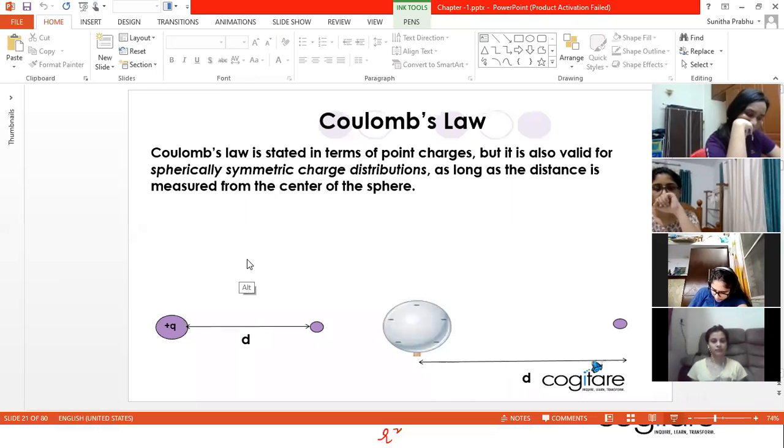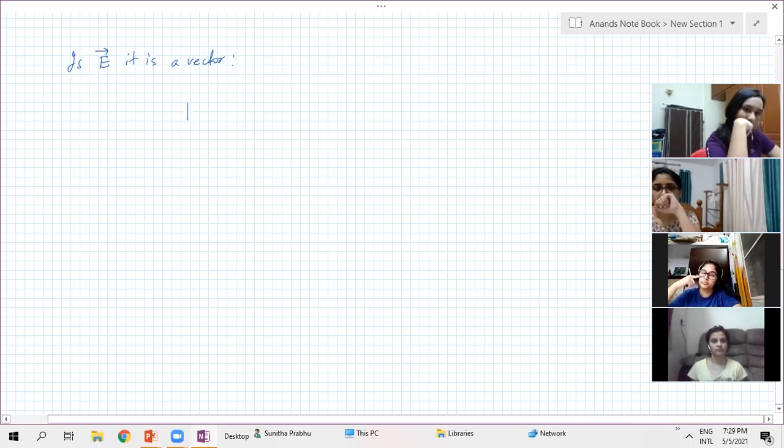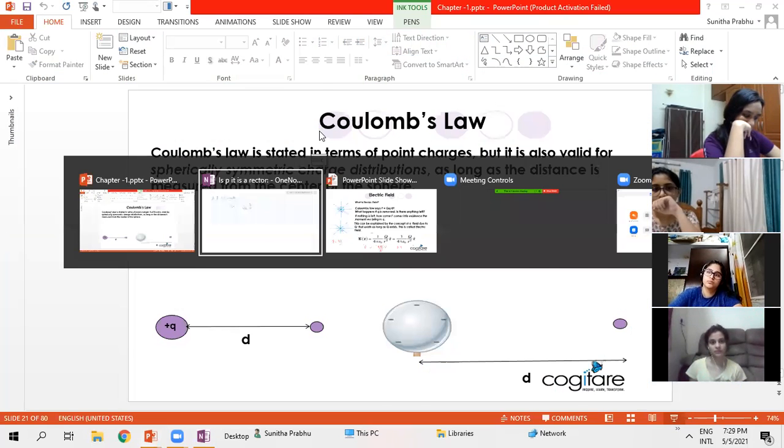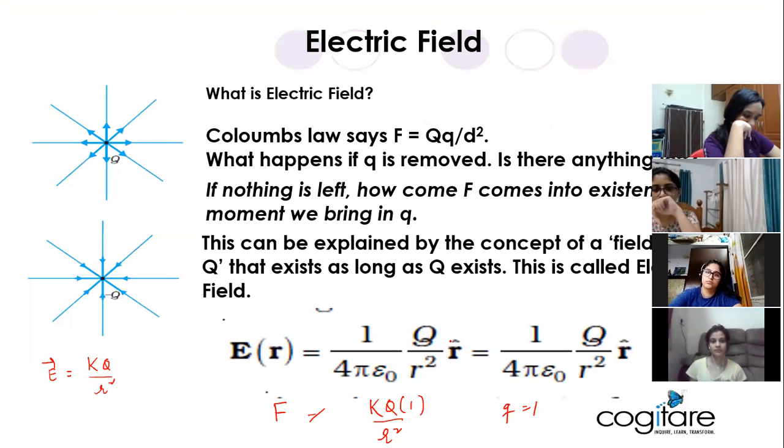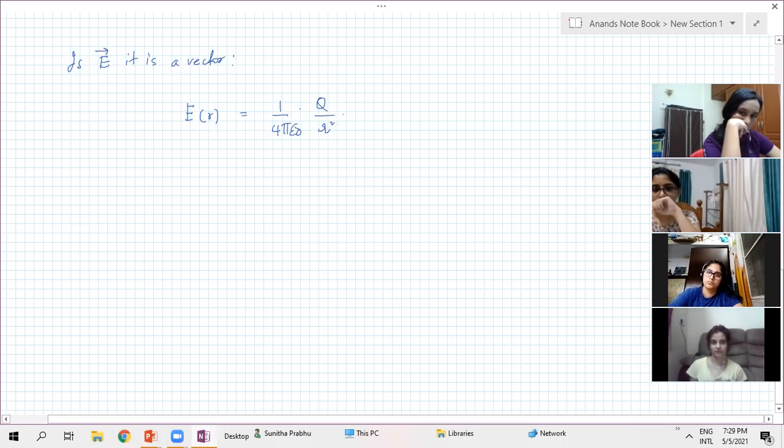So electric field at a distance R is equal to 1 by 4 pi epsilon naught Q by R square. If you see here, we are putting a small R cap. What does this R cap mean? Because this electric field is a vector, no?